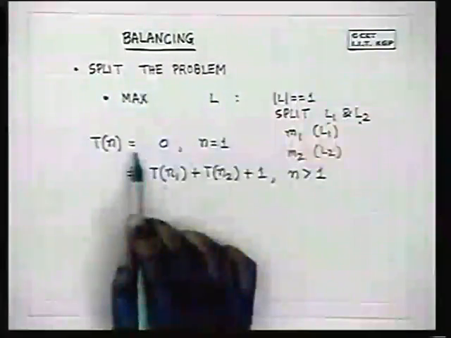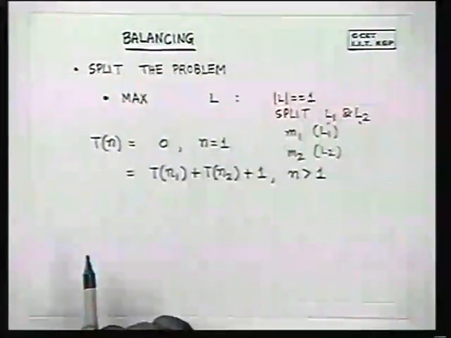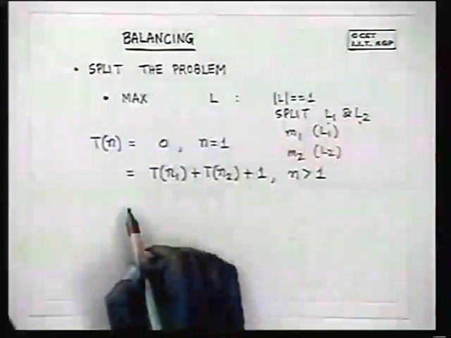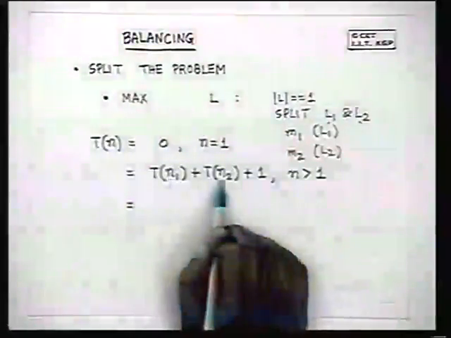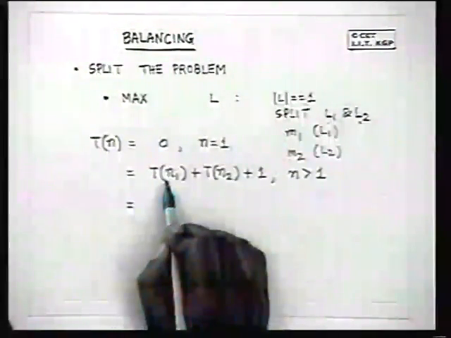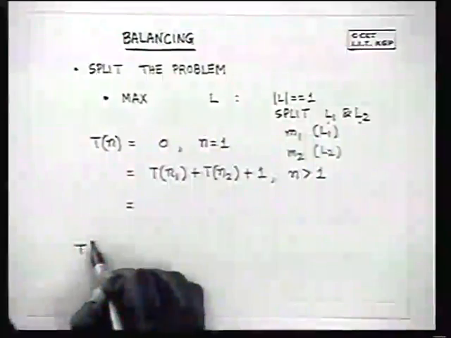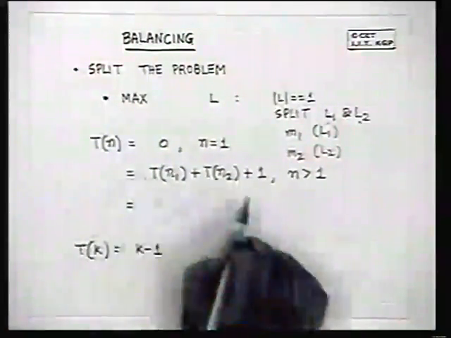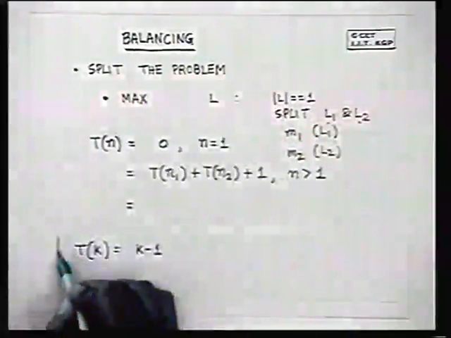So this was how we solved the problem, and if you open this up, you will see that this will come to, if you replace T_k equal to k minus 1, you will see that the recurrence is solved.